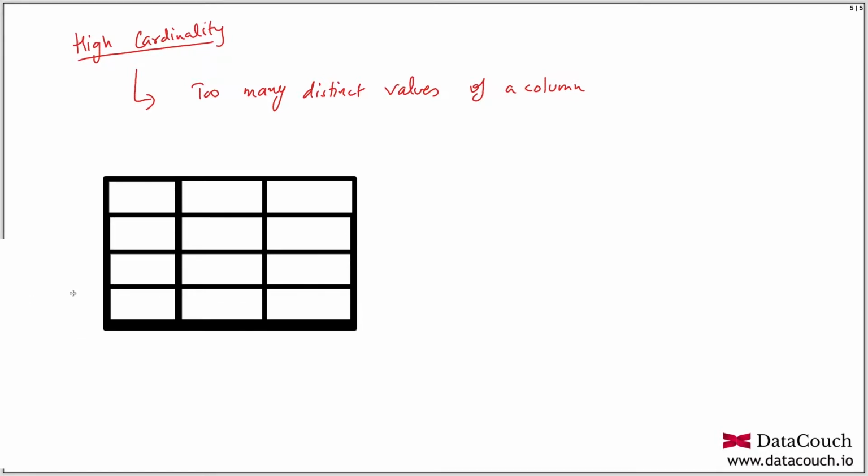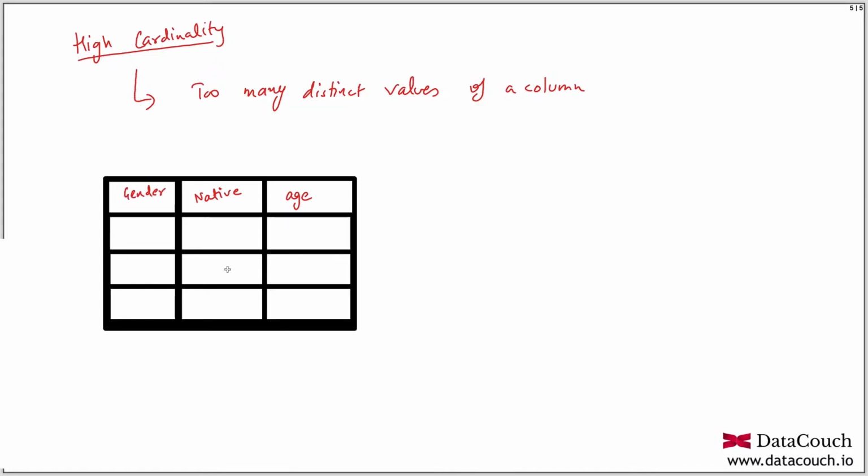Different rows are there, and then we have, let's say very first thing we have native, we have age, and we have another column which is maybe gender.